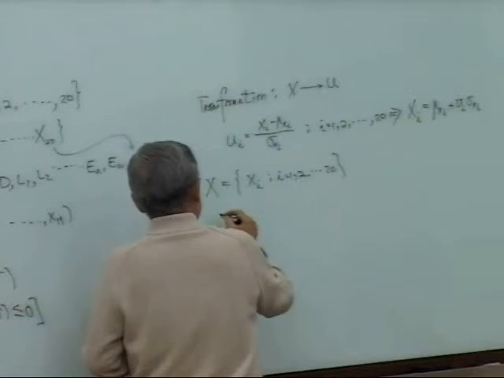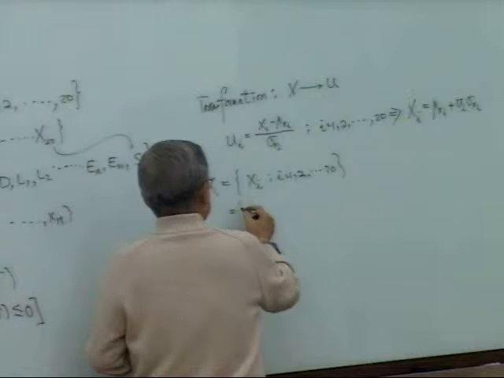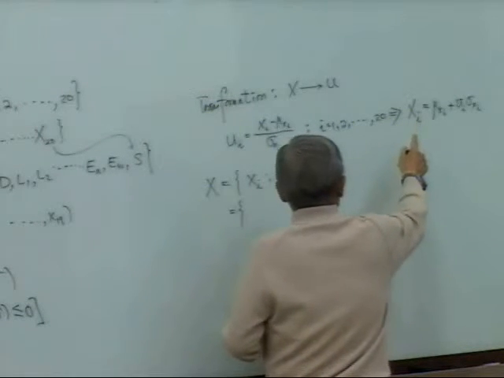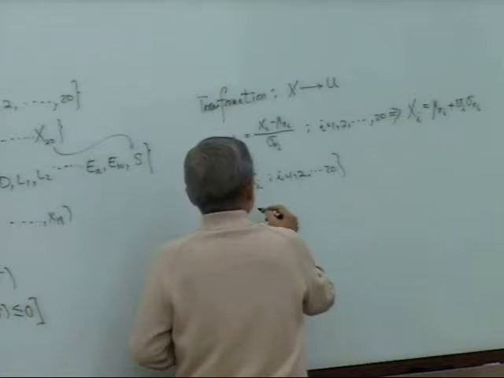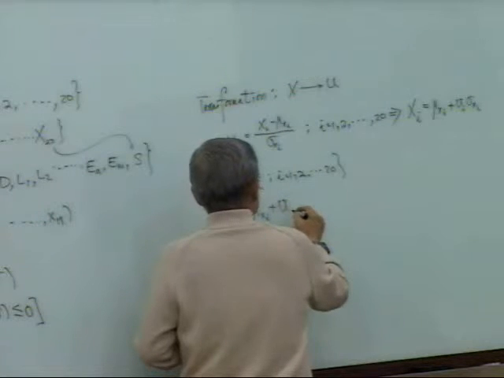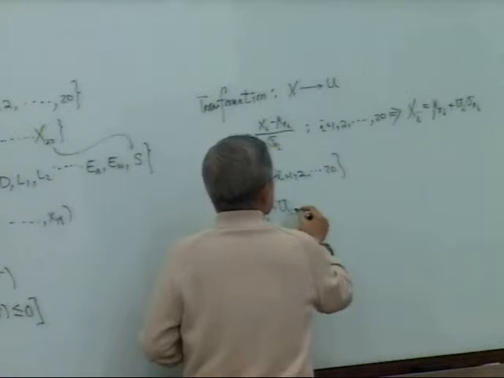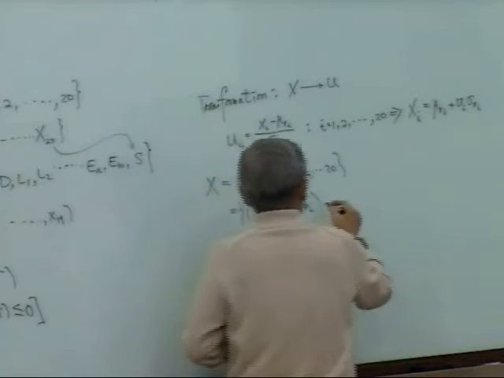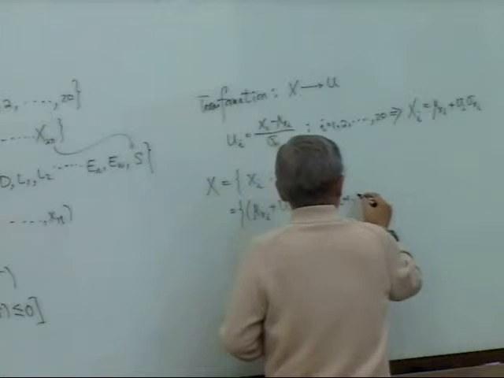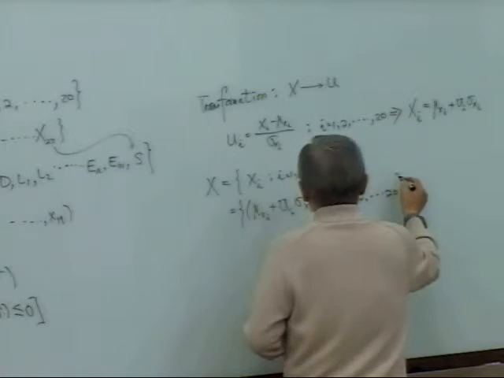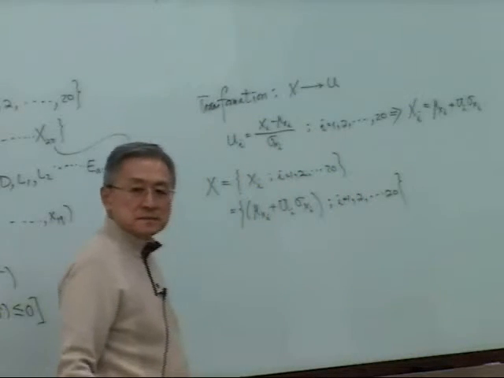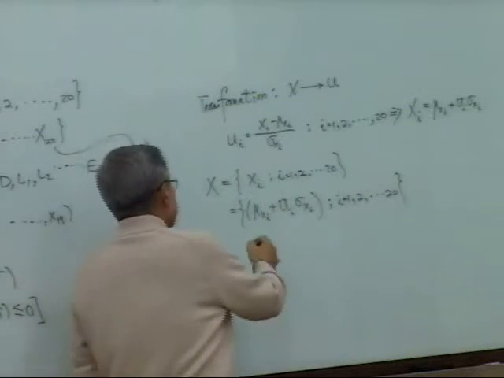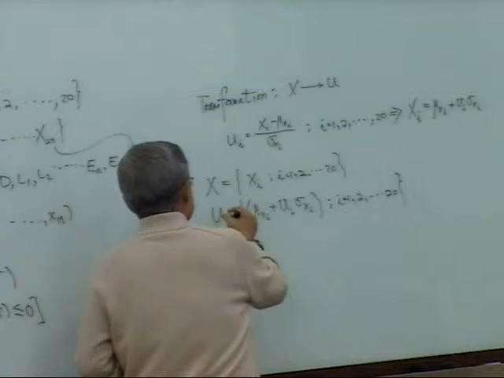Now if I just replace xi with that, I have mu xi plus ui times sigma xi, for i from 1 through 20. So now you can really change this into the u.